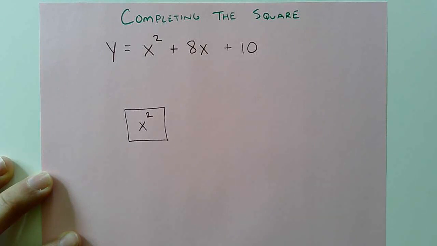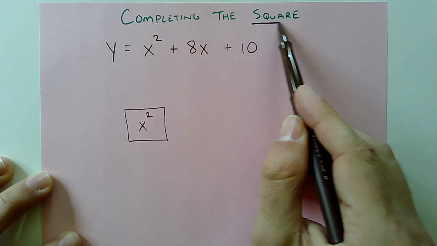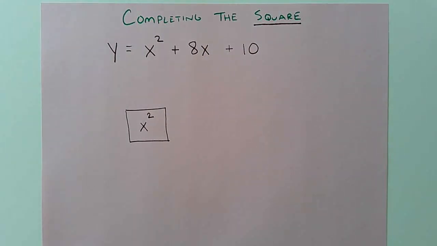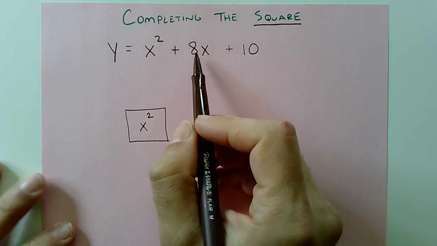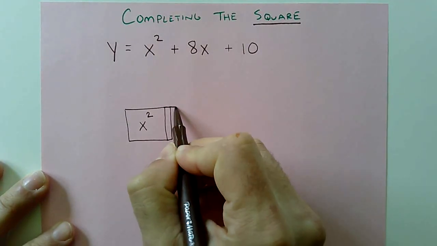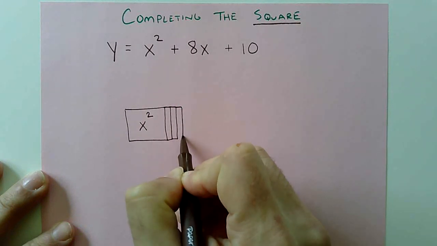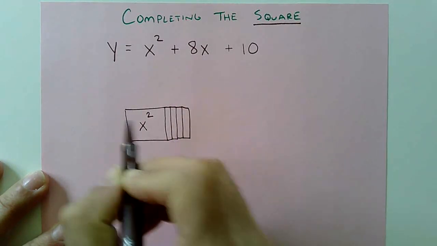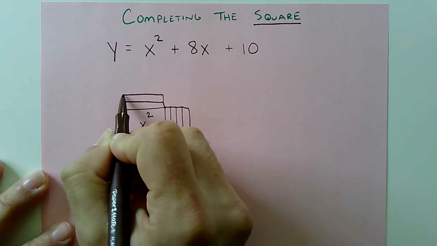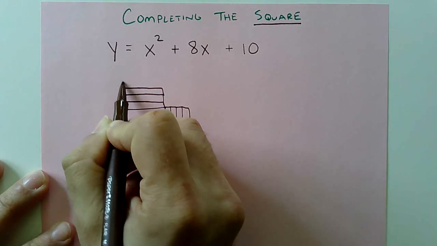With 8x tiles, if I'm going to create a square, I need to split them up evenly, because with a square, every side has the same length. So I need to take half of 8. I'm going to have 4x's here, and I'm going to have 4x's here. I'm doing my best to draw this. I know it won't be perfect.